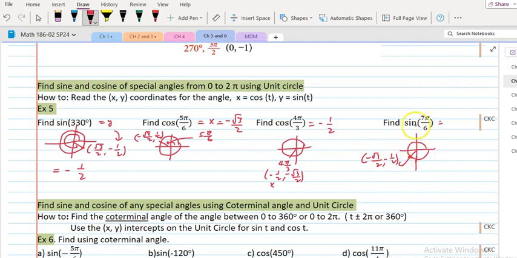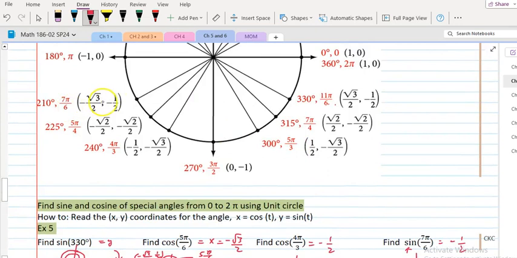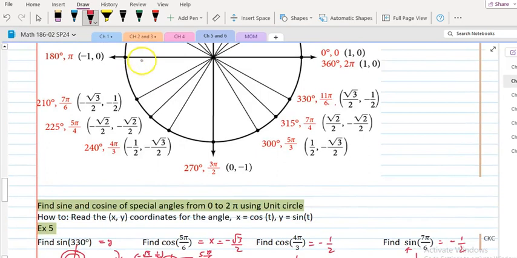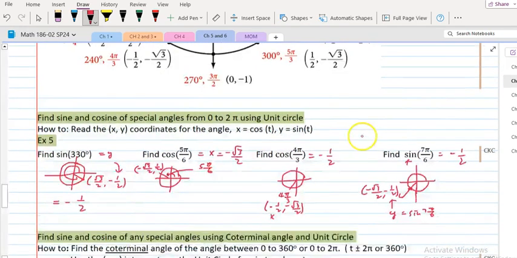I want the y value, which is sine. Sine of 7 pi over 6 is negative 1/2. Why is it root 3 over 2? Because we have a 30-60 triangle here, so this is root 3 over 2 and this is 1/2. They're both negative coordinates, so both are negative.